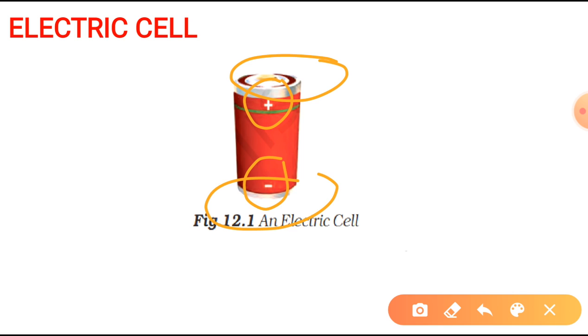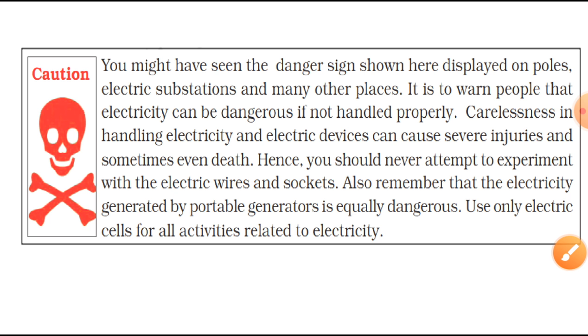All electric cells have two terminals, a positive terminal and a negative terminal. An electric cell produces electricity from the chemical stored inside it. And when this chemical is used up, at that time electric cells stop producing electricity. So this was it. Now let's move to the next topic.